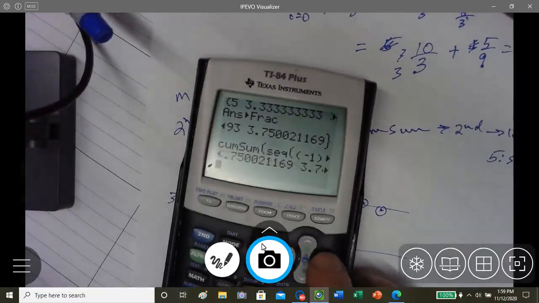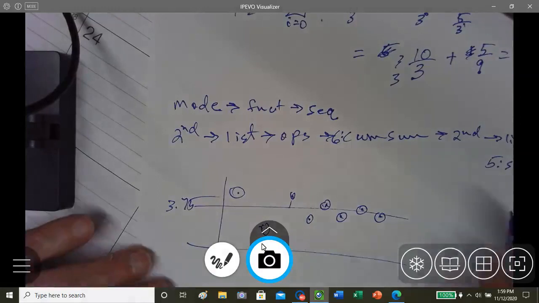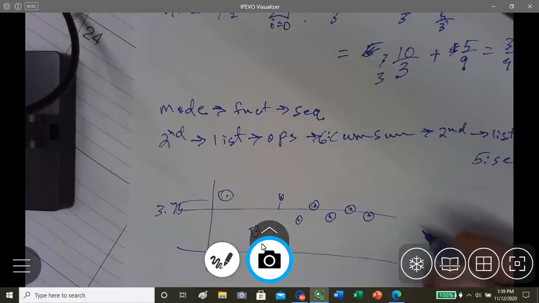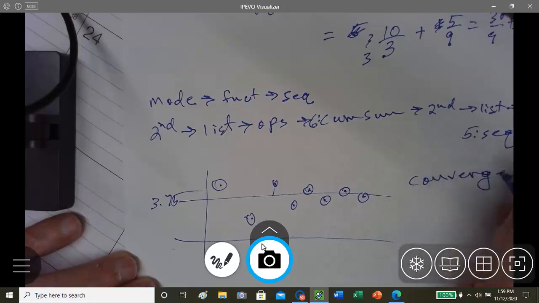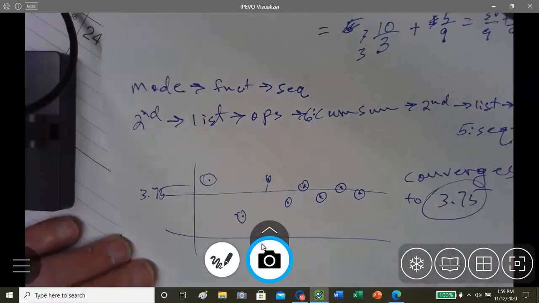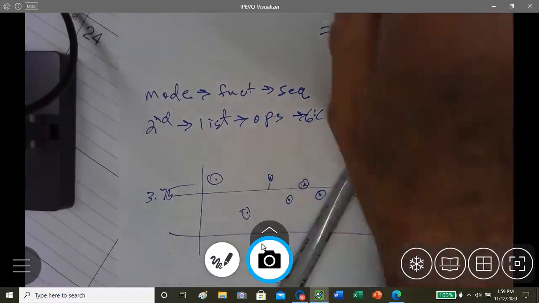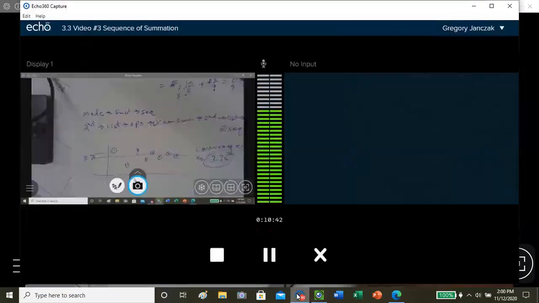And so if we keep going, 3.7500, 3.74999, 3.75000, so we can conclude here that it converges to 3.75, and that's our answer. And that concludes this video.